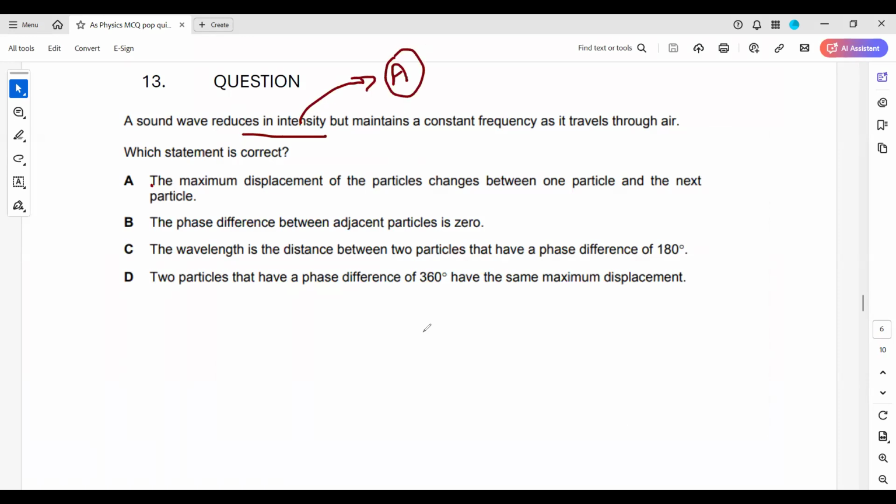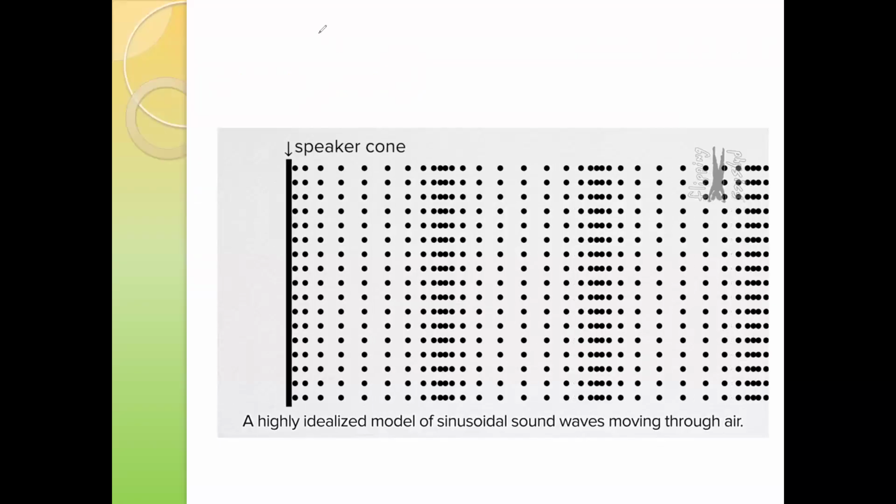And what is the amplitude of a sound wave? The amplitude of a sound wave is the maximum spacing between the two particles. That is the amplitude. And what is the relation between the amplitude and the intensity? They are directly proportional with a square.